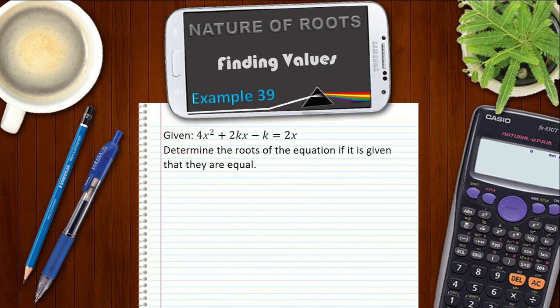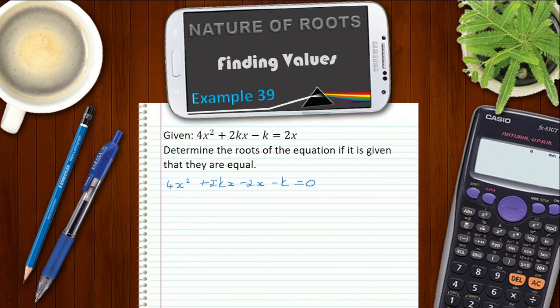that you can follow for this. So the first thing, obviously, like we always do, put it in standard form. So let's start by just doing that, and then we'll look at the next steps. We have 4x squared plus 2kx minus 2x minus k equal to 0.